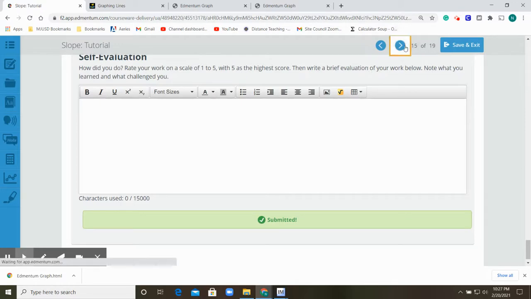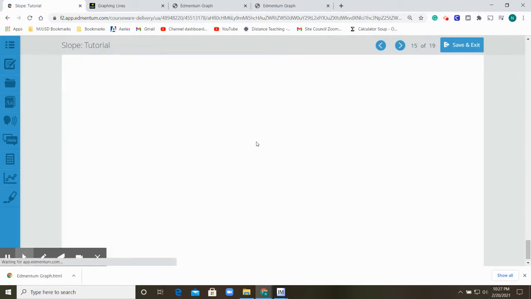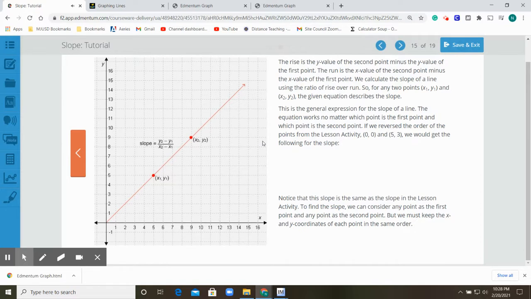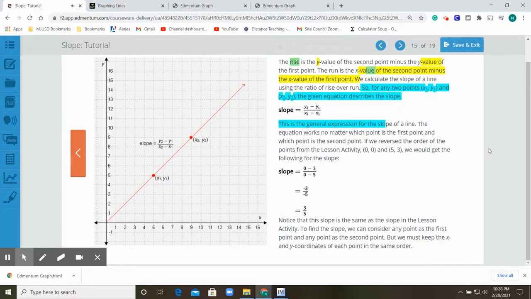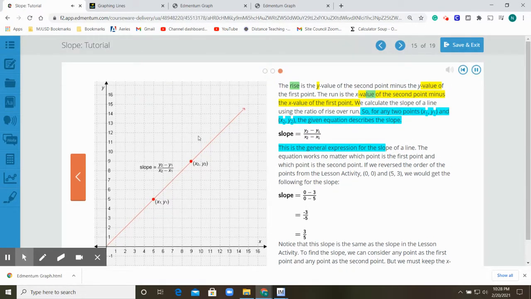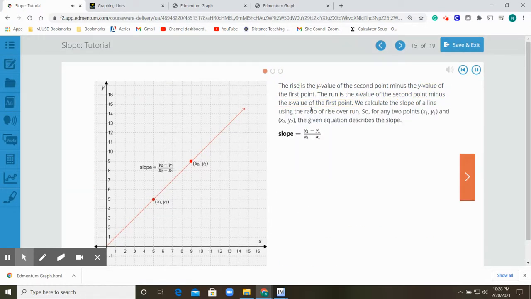Self-evaluation. Let's move on. To find the slope, we can consider any point as the first point and any point as the second point. The rise is the y value of the second point minus the y value of the first point. The run is the x value of the second point minus the x value of the first point.